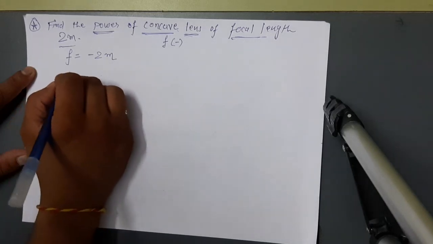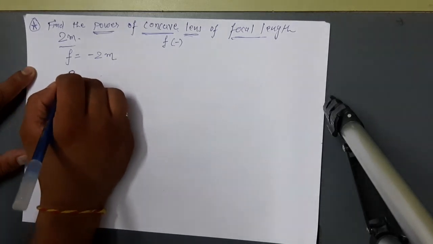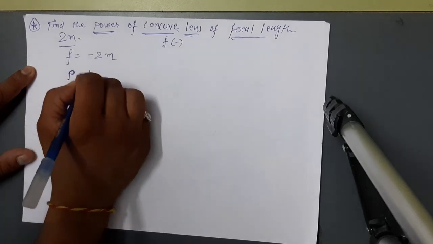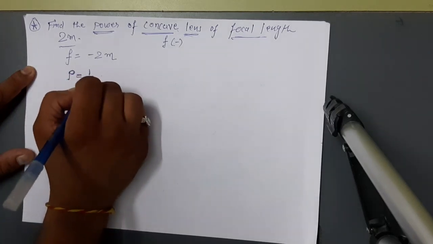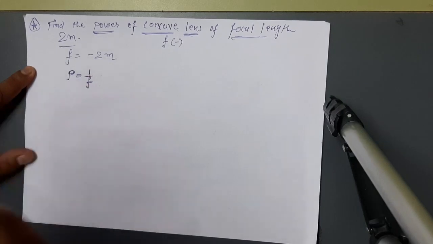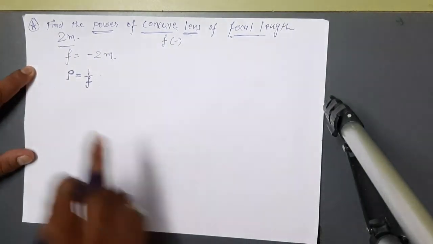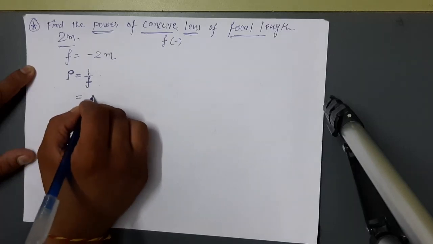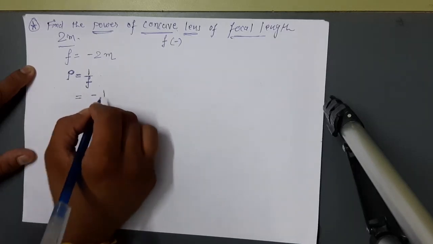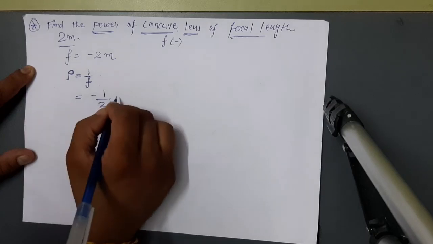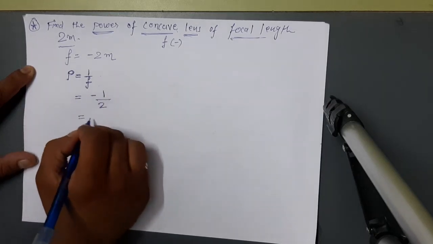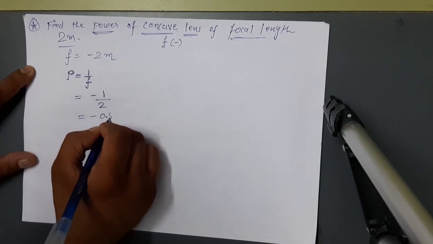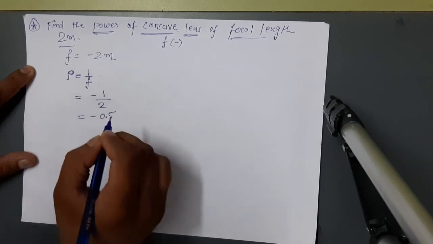Let's put in the formula of power of lens P. Power of lens P is equal to reciprocal of focal length, so P is equal to 1 upon F. F is minus 2, so it will be minus 1 by 2, which is equal to minus 0.5.